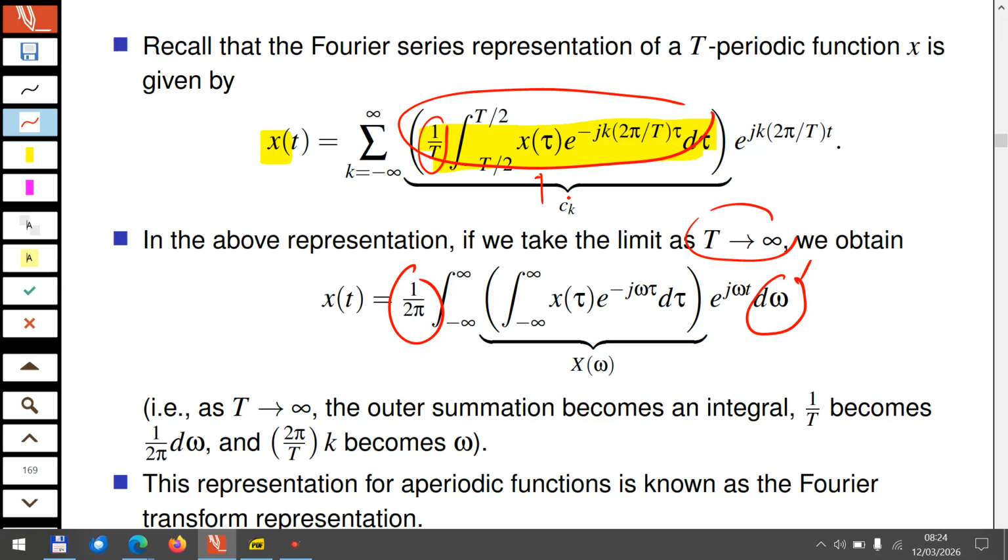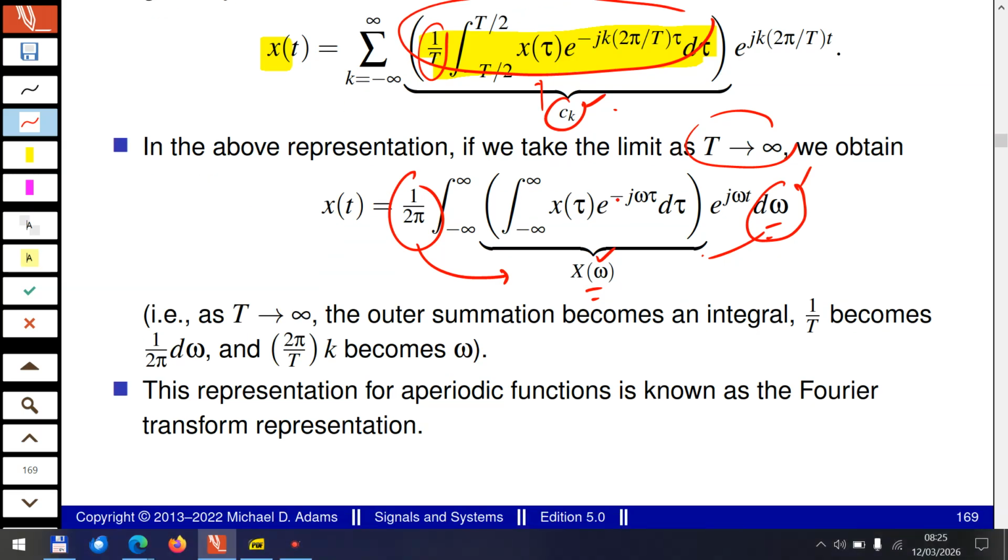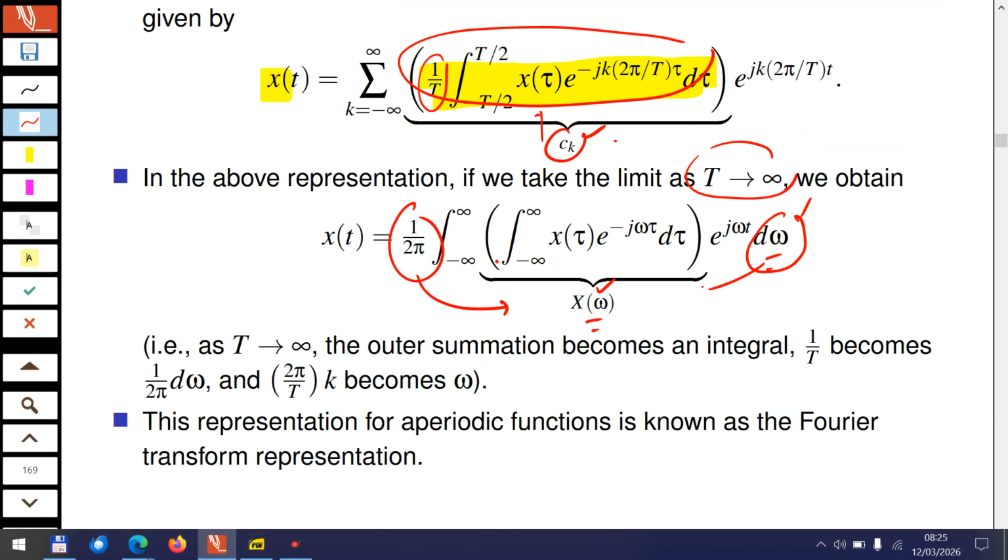And that ck becomes something of omega times d omega. So X of omega times d omega divided by these three things together becomes the approaching object of ck, and you get this Fourier transform for free, right?